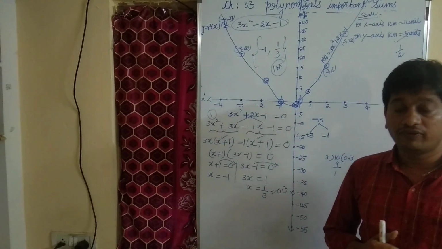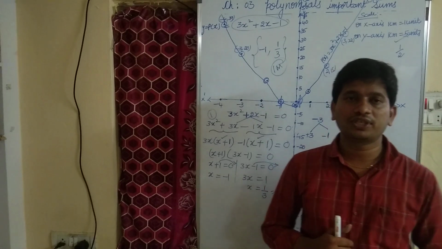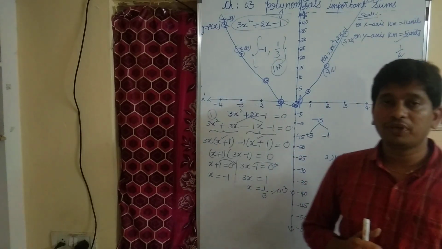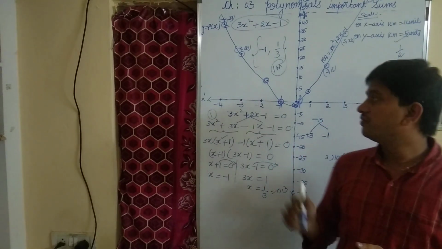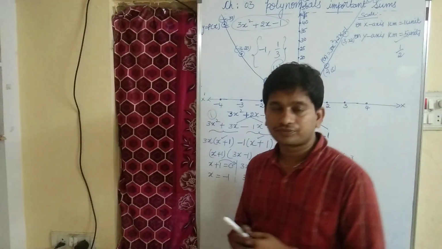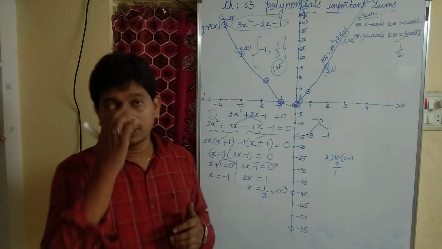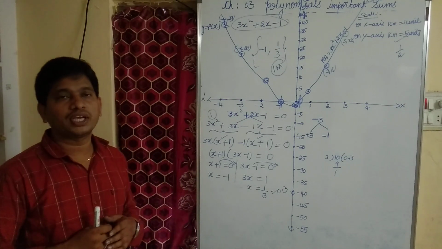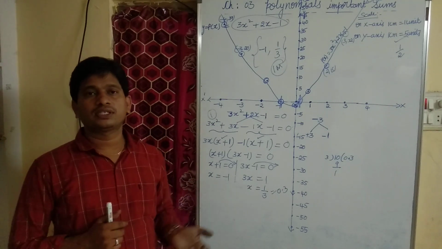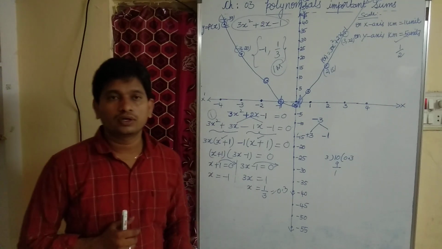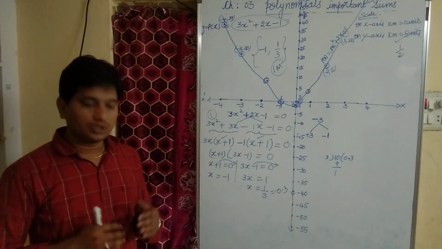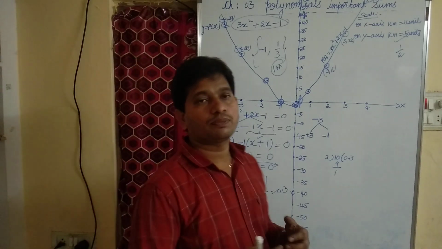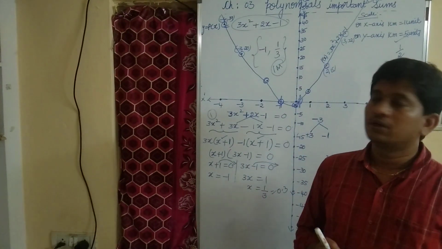And then we verified the relationship between zeros and coefficients of the polynomial. Also we found p of 1, p of 2. Also we have discussed that minus 4 is a zero of the given polynomial, find the value of k. So a lot of problems we have discussed. If you completely watch this video, the whole third chapter, that is polynomials, will be covered, right?